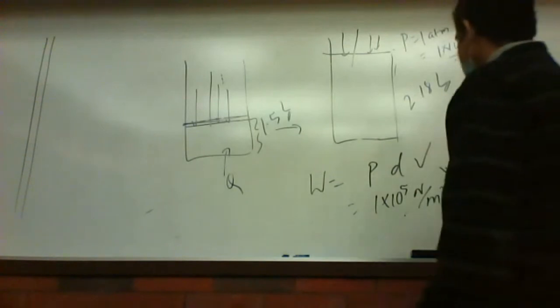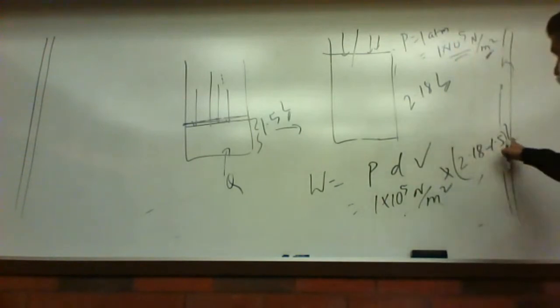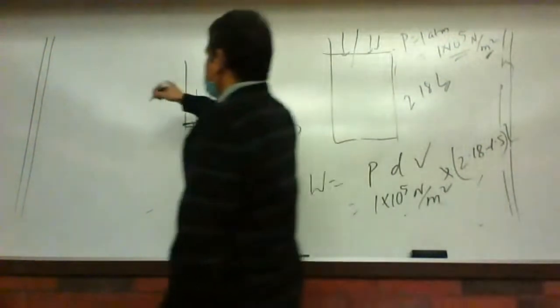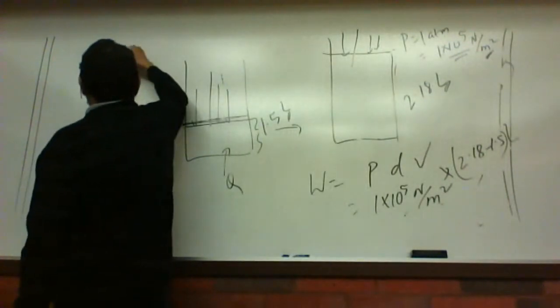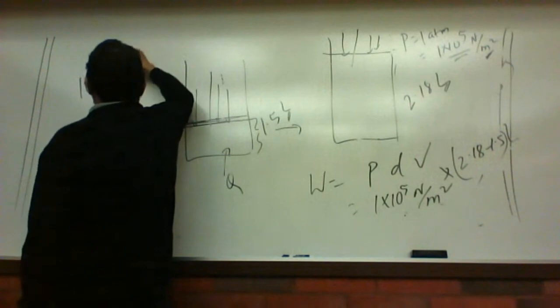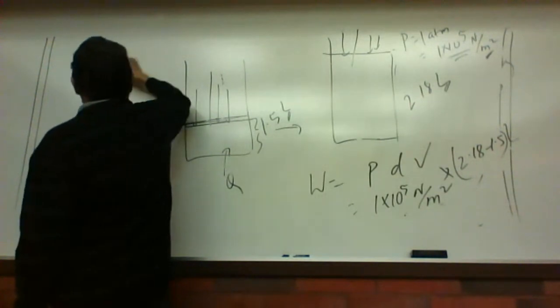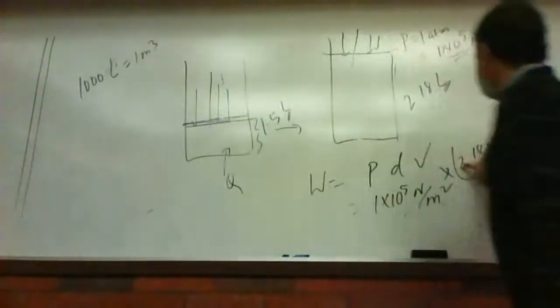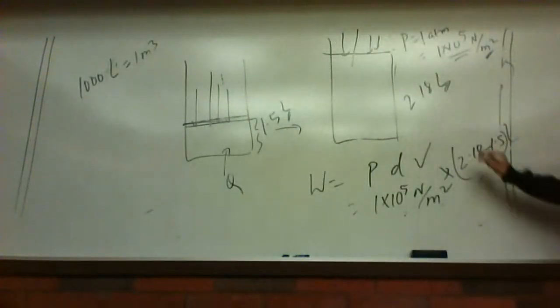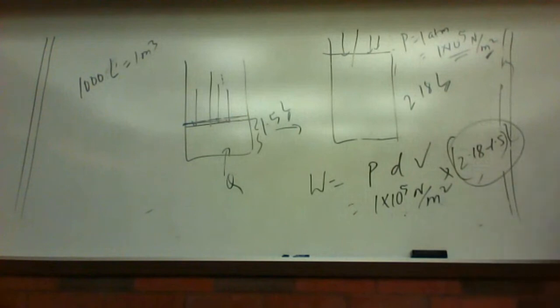So this liter cannot be here. This liter must be converted to cubic meter. 1000 liters equals 1 cubic meter. This is a conversion factor. So whatever number comes, you can convert that liter to cubic meter and multiply.